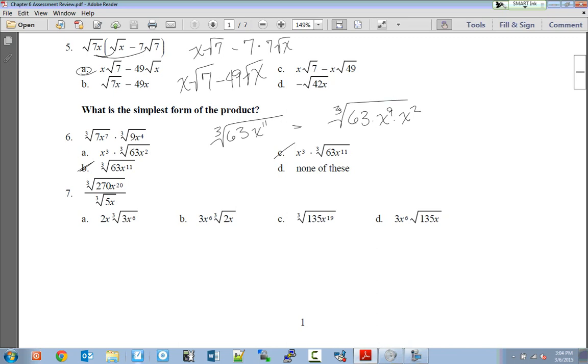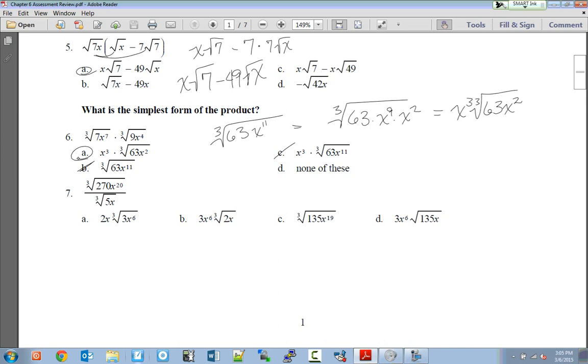Well, 9 divided by 3 is 3, so the cube root of x to the 9th is x cubed, and none of the rest of this you can take the cube root of. So it's going to be x cubed times the cube root, I forgot to put the cube there, of 63x squared. So the answer is going to be A.